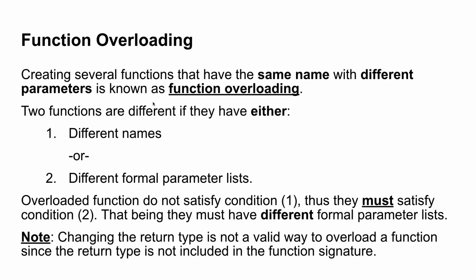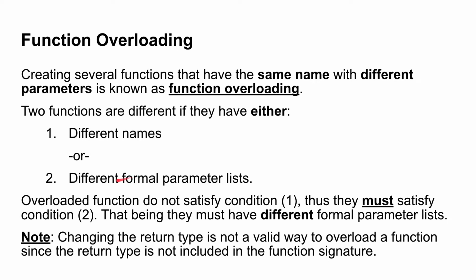Now, let's talk about function overloading, where we take all of this and put it together in an actual practical thing that we can do in our programs. So, function overloading is when we create several functions that have the same name, the same identifier, but different parameters. So, two functions are different if they have either different names or different formal parameter lists.